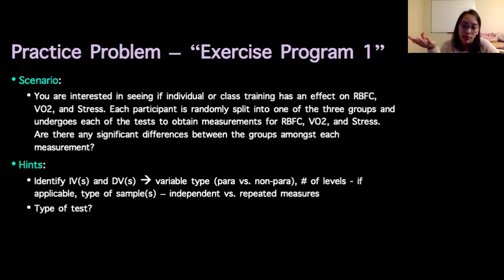And we would say it's non-parametric or nominal because we're categorizing people into groups. And we already said that they're randomly split, so we have independent samples, right? In addition, our dependent variables, like I said, are body fat composition, VO2, and stress. So automatically 3 measured variables, 3 dependent variables, that means we have a MANOVA, right?